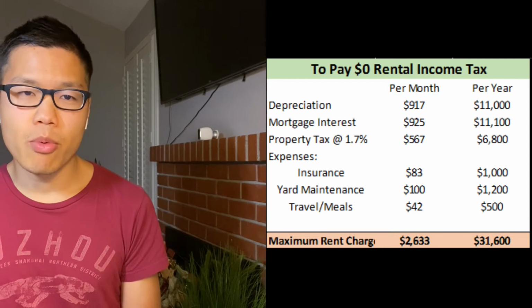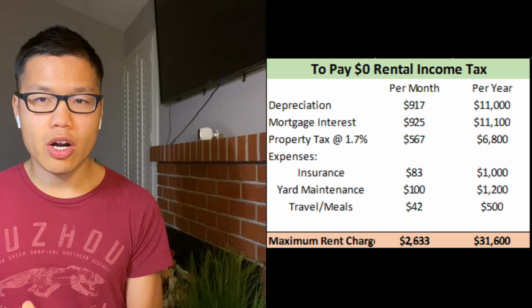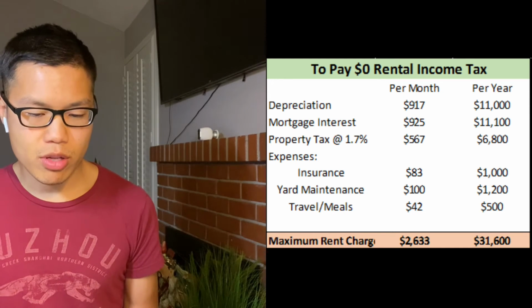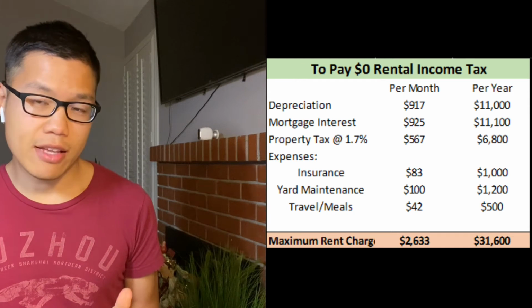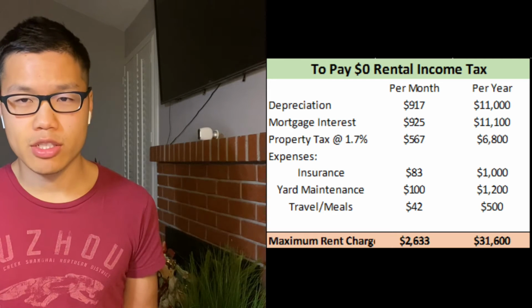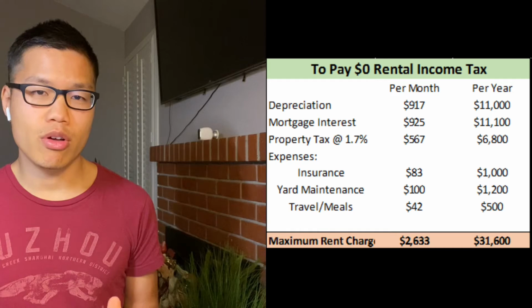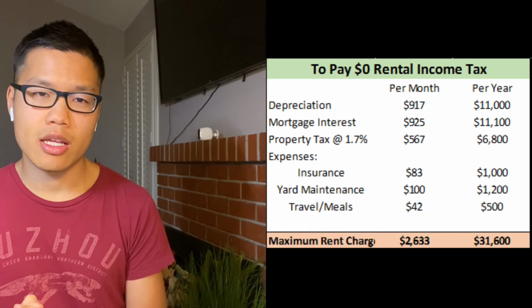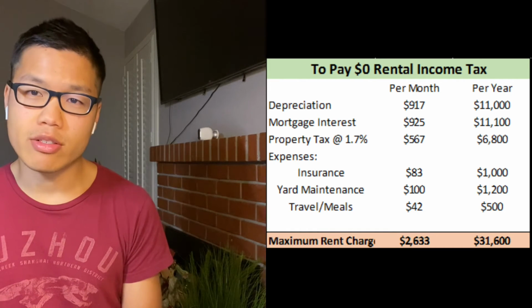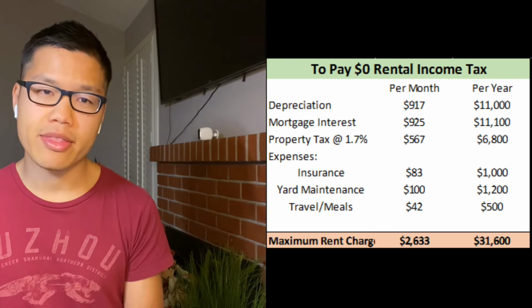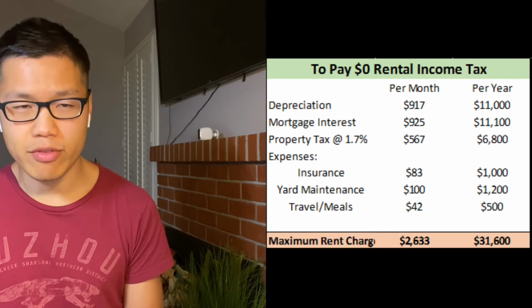You're including your mortgage interest. So if you're starting off your amortization schedule, the first 9 years is the most interest you'll be paying. So on that schedule, the first year, you'll be paying $11,100 in interest. So per month, that's $925 average.